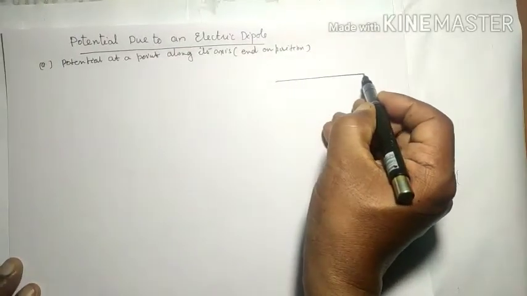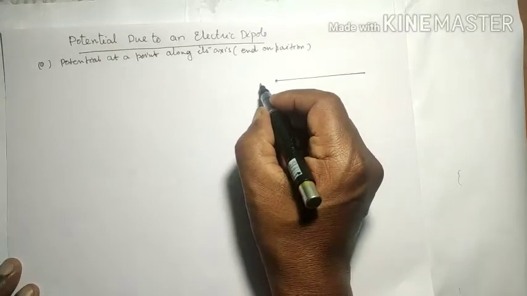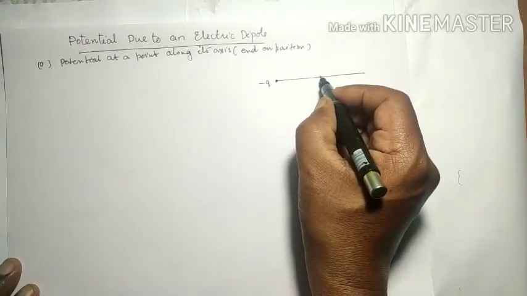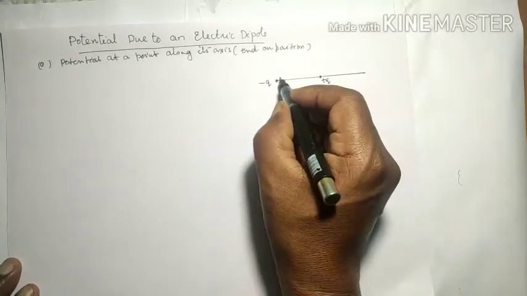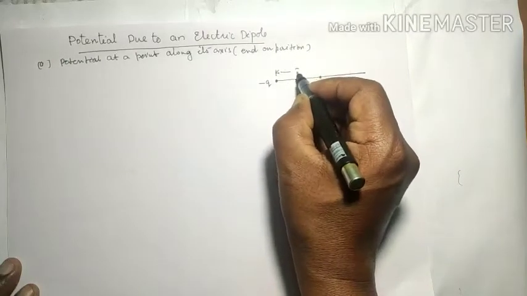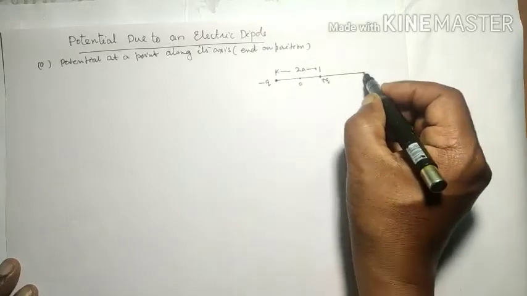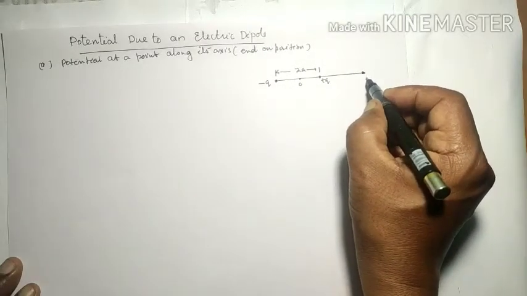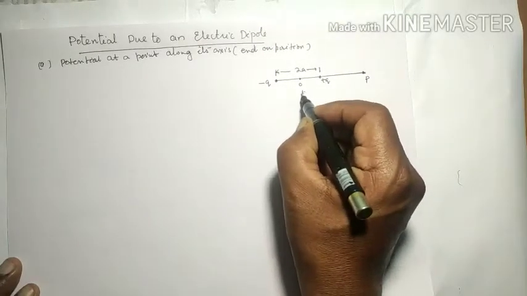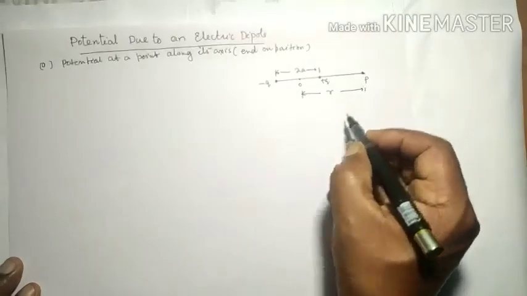So we consider a dipole axis. Charge minus q and charge plus q are separated by a distance 2a. The dipole center is O. We have to find the potential at the point P, distance r from the dipole center.